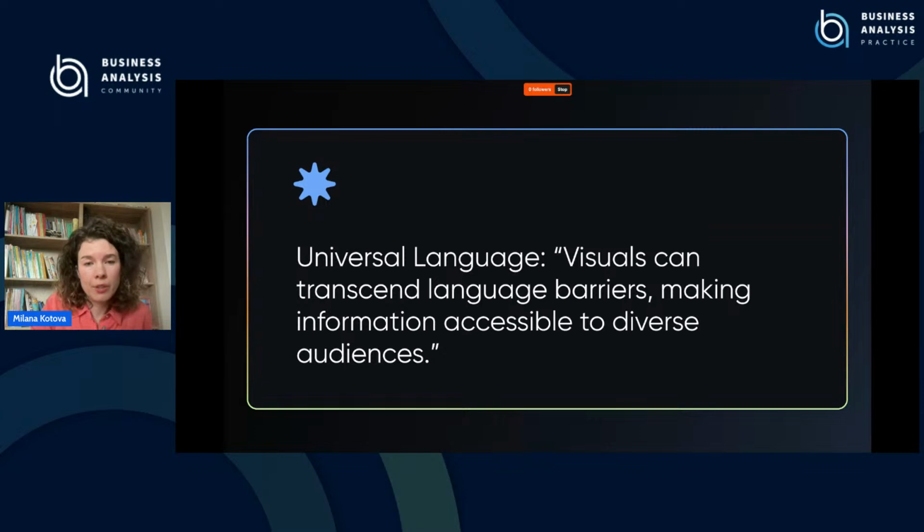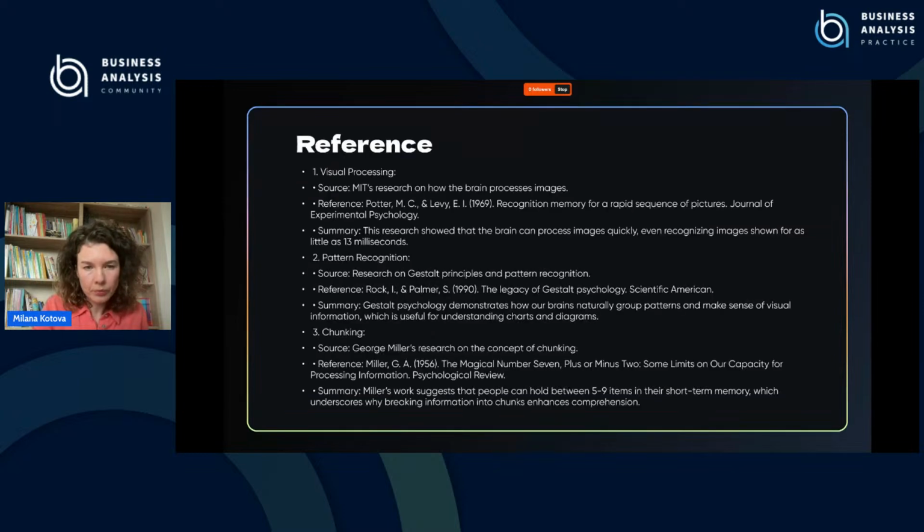And of course, it is a universal language. All of us, or most of us, work in diverse environments, in multicultural teams. So visuals can transcend language barriers, making information accessible to a diverse audience.